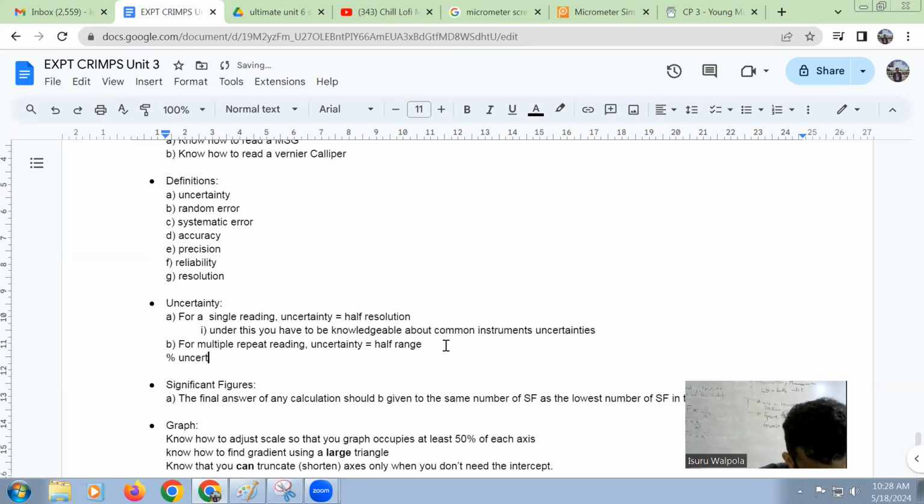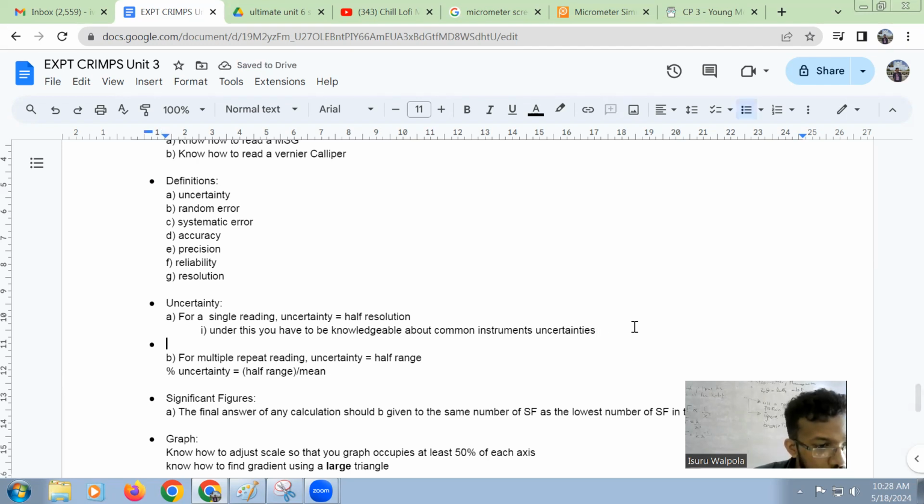Yeah, never mind. I will add it in the document itself. Half range divided by mean.